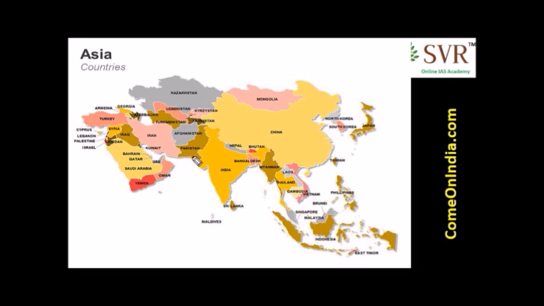Political analysts call Gwadar Port a part of China's string of pearls. The string of pearls theory is that China will construct ports around India in different countries: in Pakistan, Maldives, Sri Lanka, Myanmar, and Bangladesh also.